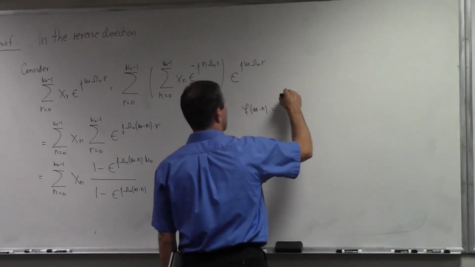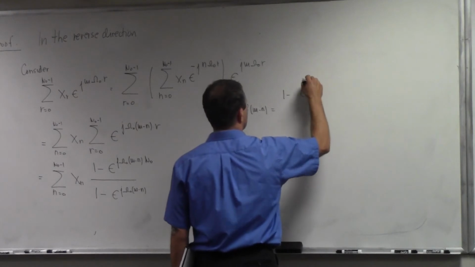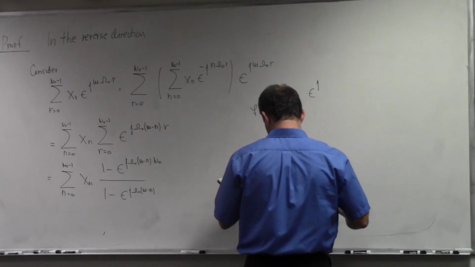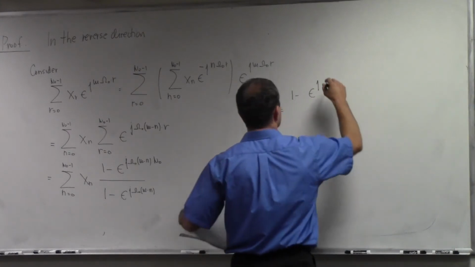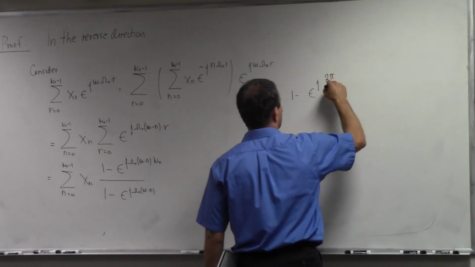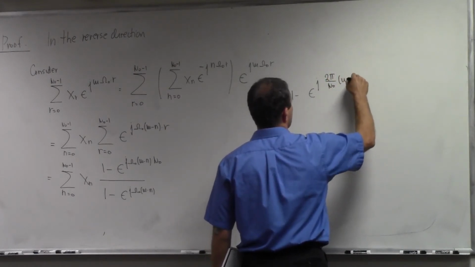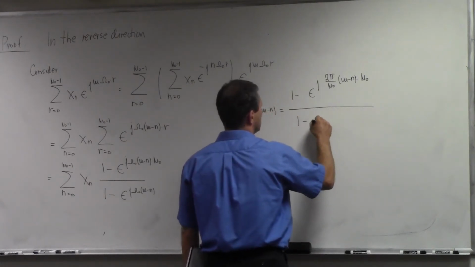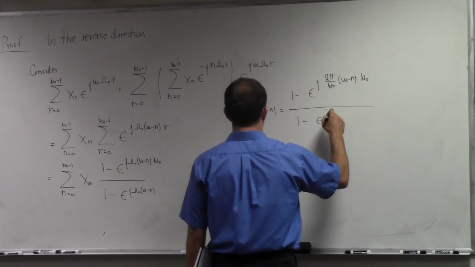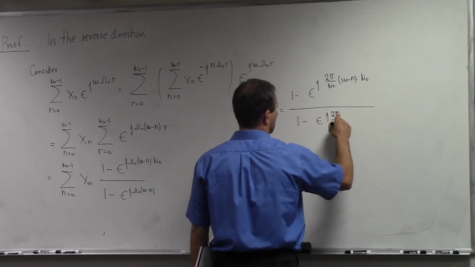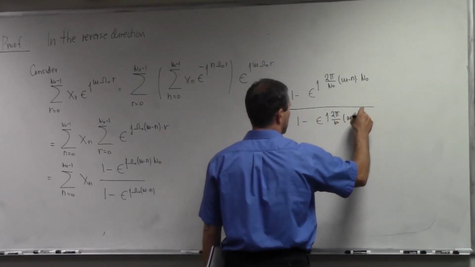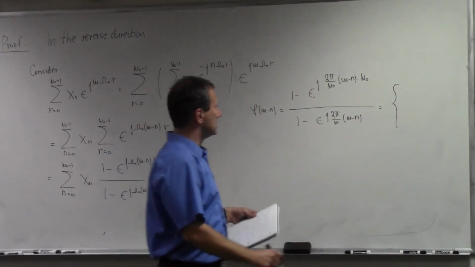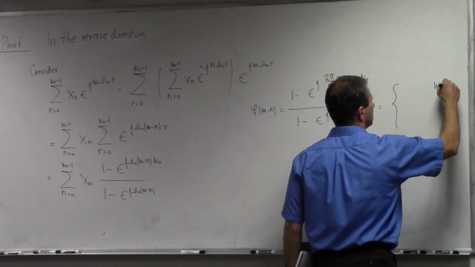And this is 1 minus e to the j omega 0, which is 2 pi over n0, (m minus n) times n0, and downstairs I have 1 minus e to the j 2 pi over n0 (m minus n). Let's look at the two cases. What happens when m is different than n?